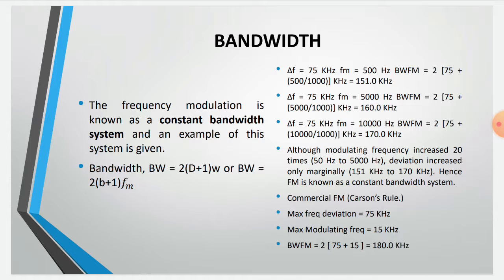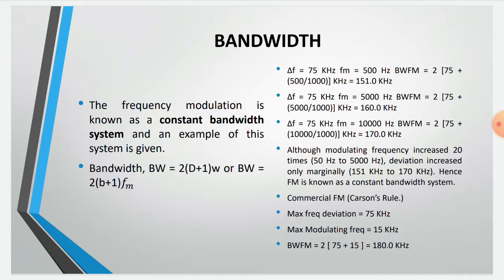So delta f is equal to 75 kilohertz, fm is equal to 500 hertz. Bandwidth for FM is equal to 2 times the quantity 75 plus 500 over 1000 kilohertz, and that is equal to 151 kilohertz. Delta f is equal to 75 kilohertz, fm is equal to 5000 hertz.